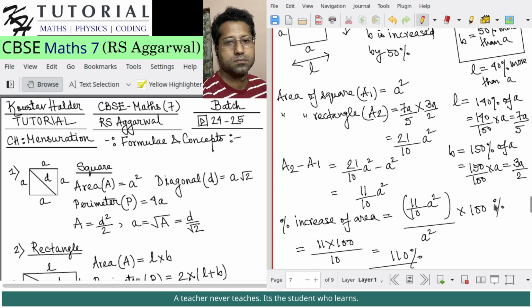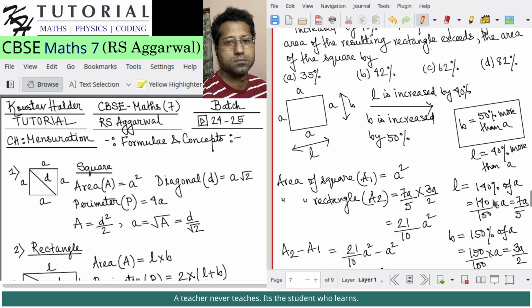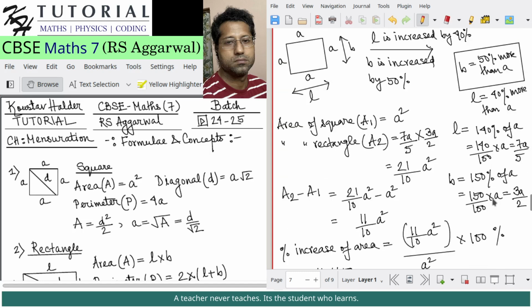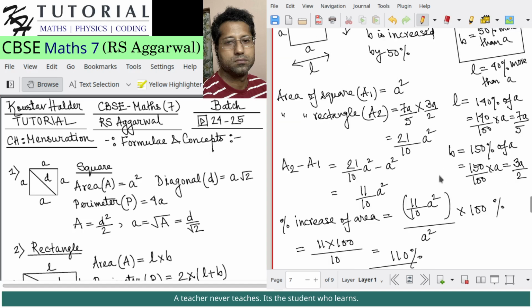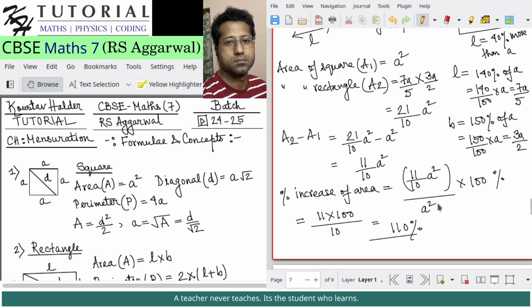So the area of the square was A square, and the area of the rectangle becomes 7A by 5 multiplied by 3A by 2, which is 21 by 10 A square. So the difference in the area of the rectangle and square is A2 minus A1, which is 21 by 10 A square minus A square, which is 11 by 10 A square.